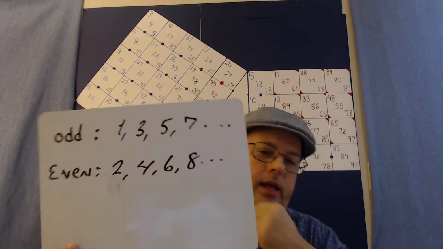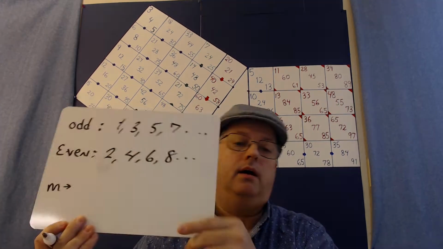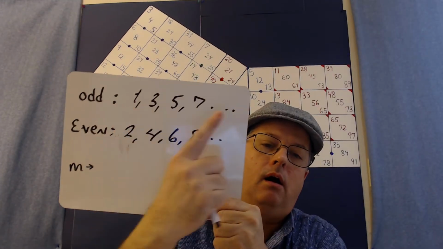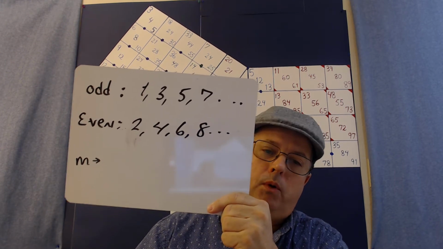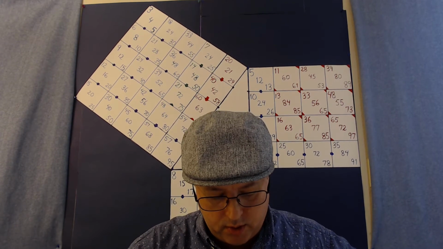And so if we pick an M value, the M value could be odd or even. And so what we want is we want this M value to make an expression that will be odd, right? Odd.